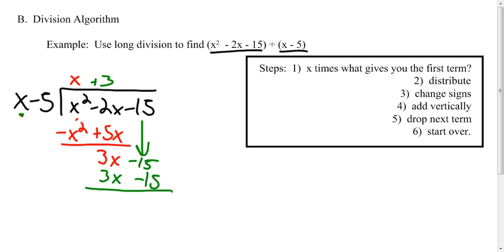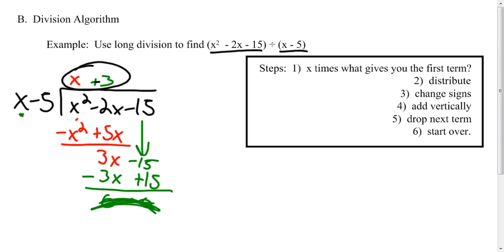Now that we get to this point, again, we have to subtract this. So we have our 3x becomes negative. This 15 becomes positive. So now, when we solve, our negative 15 plus 15 becomes 0. Our 3x minus 3x becomes 0, which means there is no remainder. And our answer is just x plus 3.